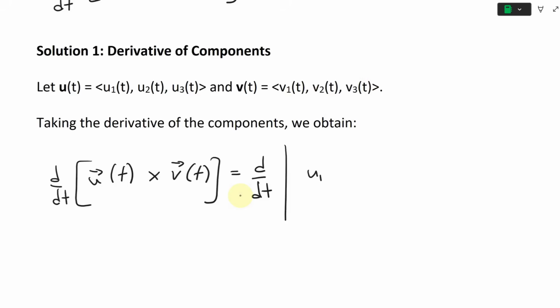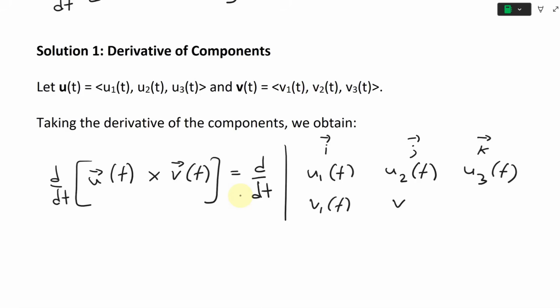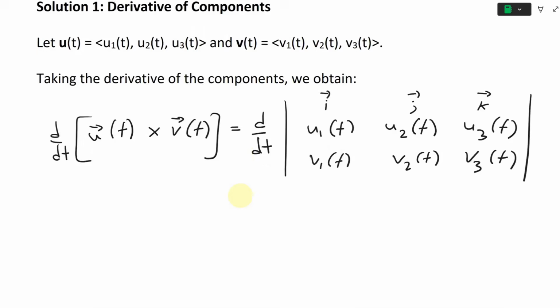So we'll go u1 of t, u2 of t, u3 of t, and this is the i, j, k row. Now the bottom part, v1 of t, v2 of t, v3 of t. So this is a cross product in determinant format.